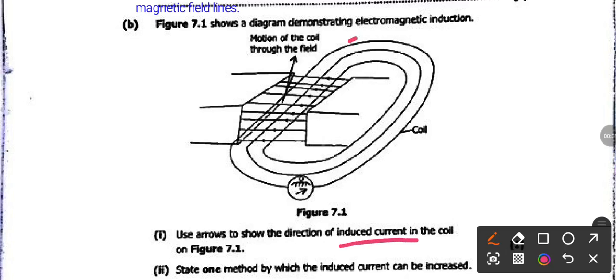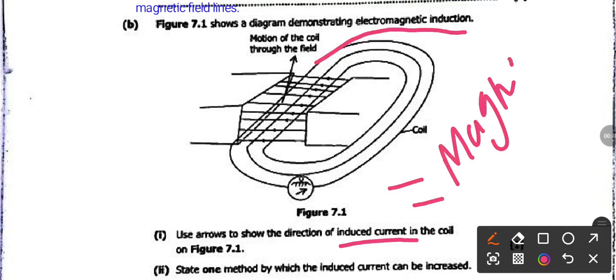Remember, for electromagnetic induction, in order to predict the direction of motion, current or magnetic field, we use Fleming's right-hand rule. For magnetic effect, we use Fleming's left-hand rule. But in this case, it is electromagnetic induction. Therefore, I emphasize again, we are using Fleming's right-hand rule.